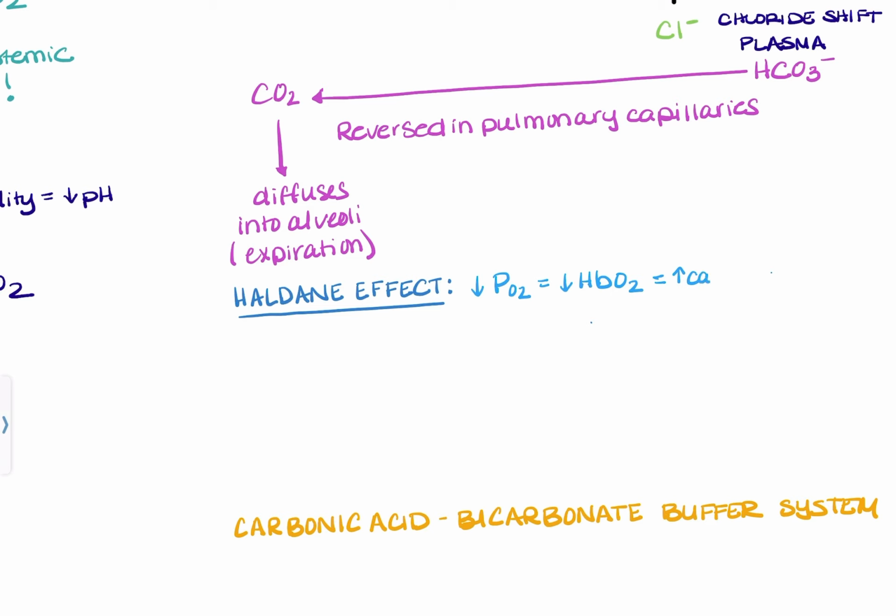So we're more likely to make carbaminohemoglobin. So as we increase our carbon dioxide in the blood, we're going to be able to get more of the oxygen to dissociate from the hemoglobin.